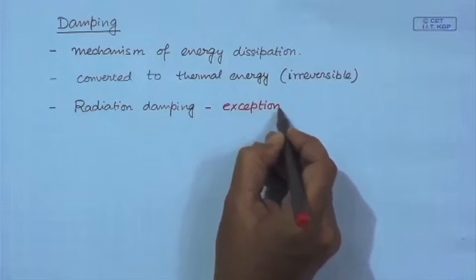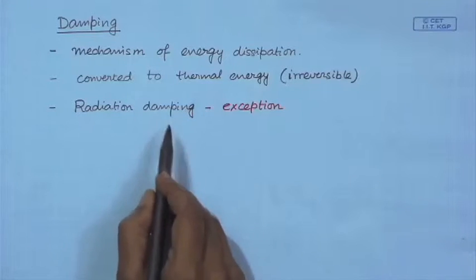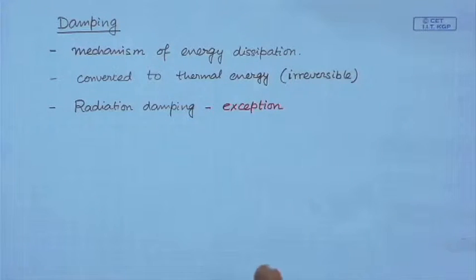This damping mechanism, this draining of energy of the structure by radiation damping, takes place not by conversion to thermal energy, but by radiation of the energy in the form of sound in the fluid medium in which the structure is placed, for example, air or water or any other liquid, or sometimes even from the support points of the structure.